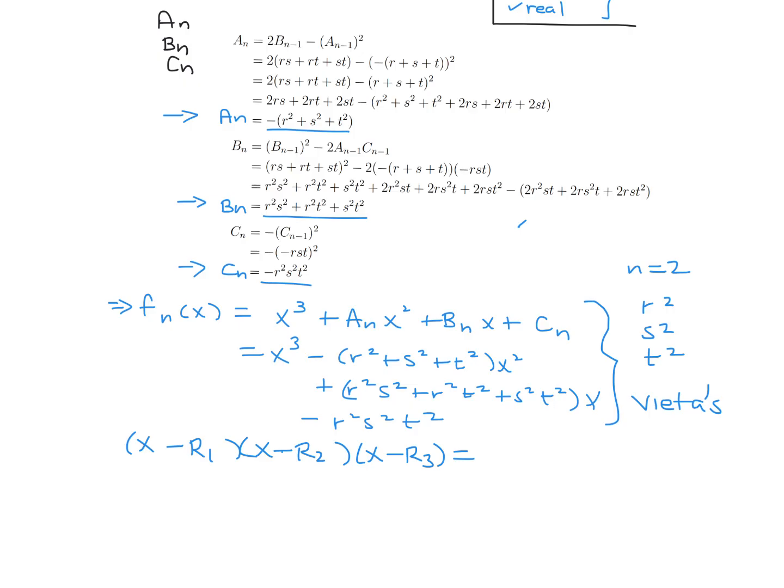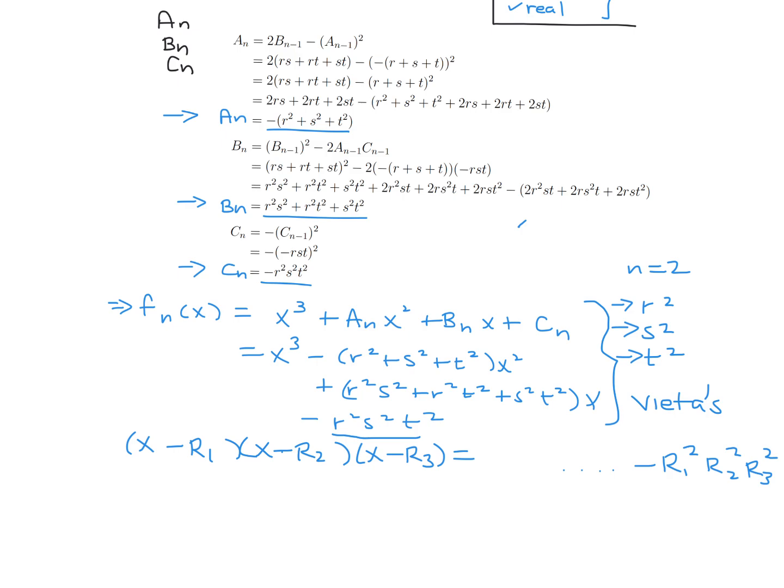You'd see that this part, for example, dot dot dot, would be like r1 squared, r2 squared, r3 squared. And then you can match that the first root is r squared, the second root is s squared, and the third root is t squared.